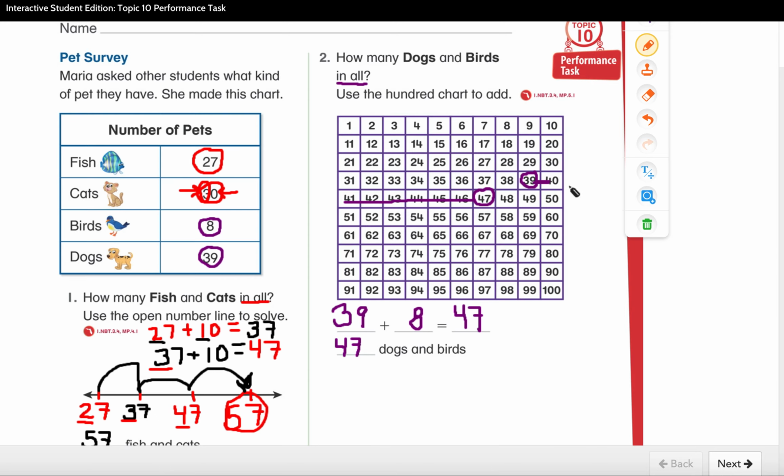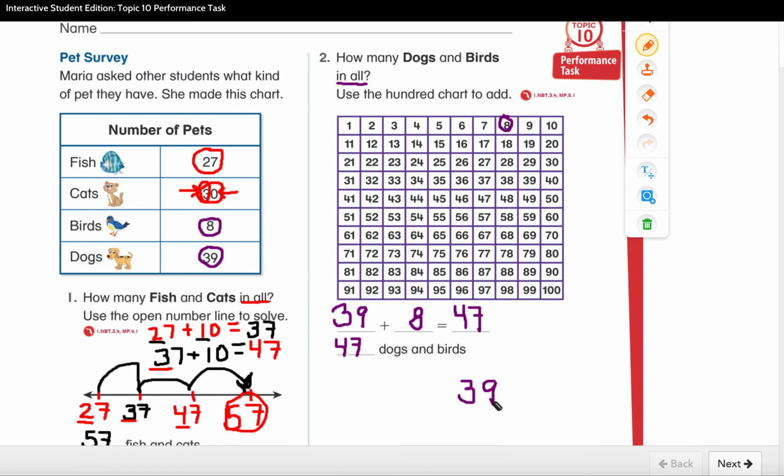All right, and let's look at if we did decide to start with 8. So let me erase our work over here so that we can get a fresh slate. So let's see what would happen if we decided to add 8 plus 39 instead. Because we would get the same answer, it would just, our work would look a little bit different. So first, let's look at the number 39.